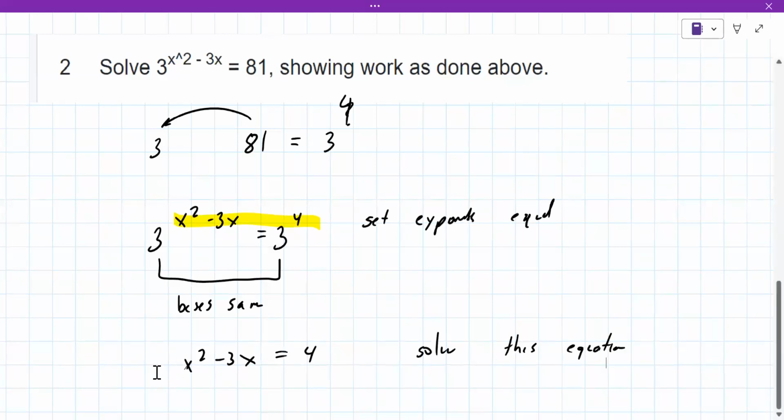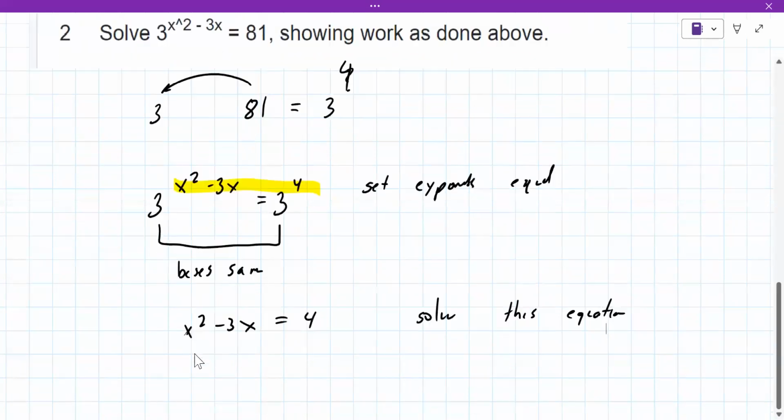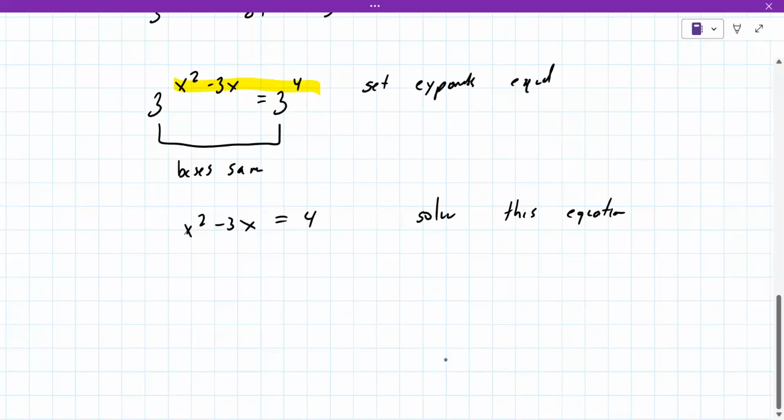Could you tell me the name of this equation? I don't remember it from the top. Power of 2, does that help? No. All right, so this is a quadratic.